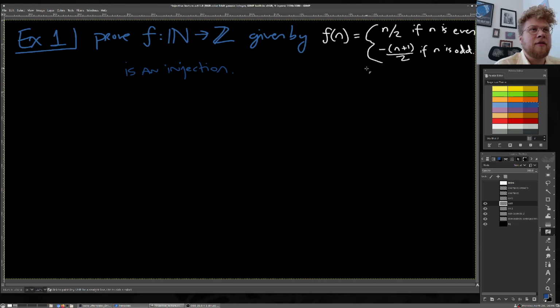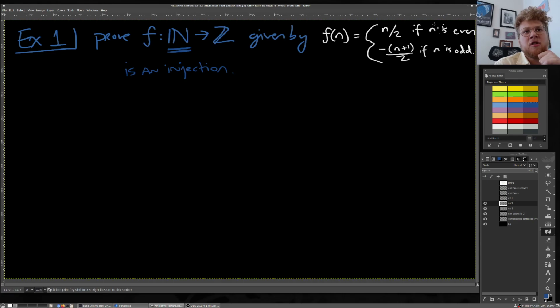Or even if we don't have a formal proof, we should at least convince ourselves that it's well-defined. Does it make sense? No matter what element of the domain we're given, is there one unambiguous output that that element is mapped to?